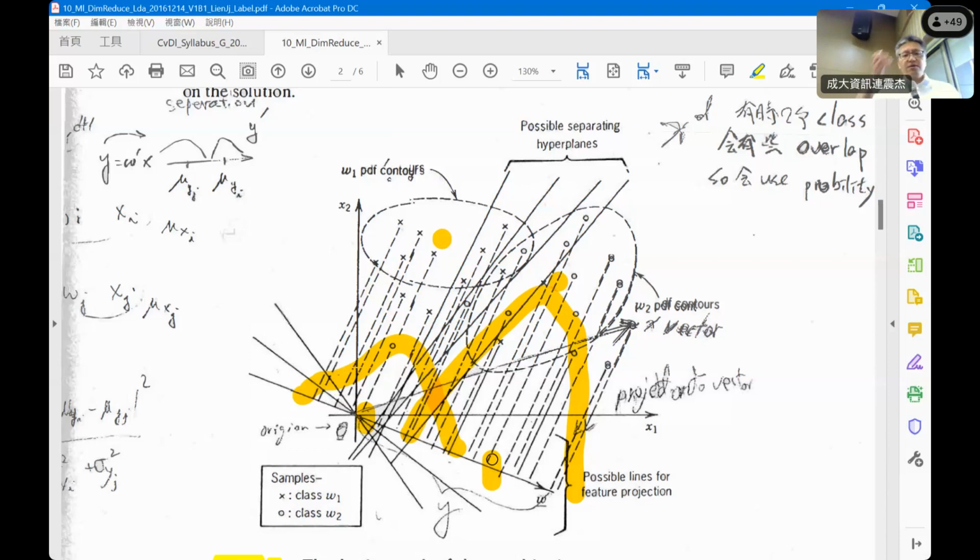LDA has a concept, and this is very important. The concept for LDA is important because it is also used elsewhere. The best face recognition papers in deep learning use PCA. Deep learning models can use PCA, can use LDA.